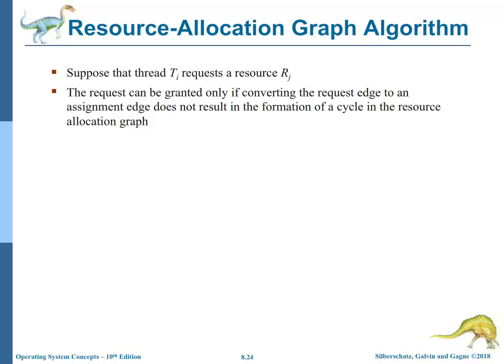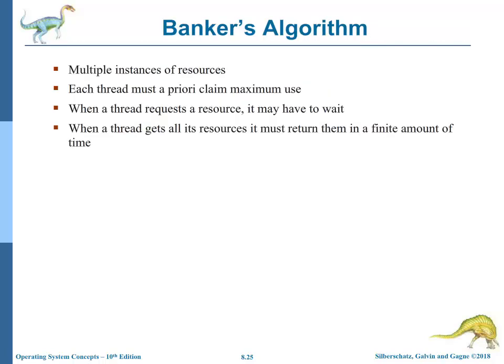We illustrate the example in the previous slide. The resource allocation graph algorithm is not applicable to a resource allocation system with multiple instances of each resource type. For a resource with multiple instances, we can use Banker's algorithm.